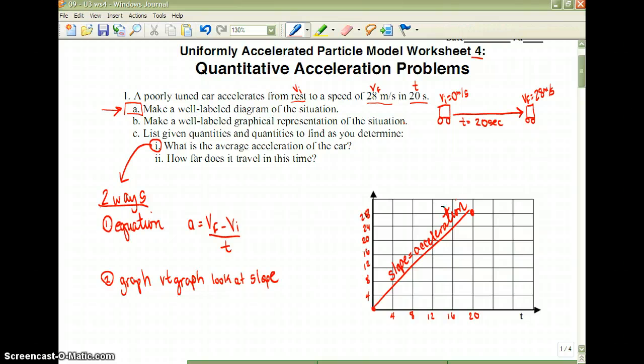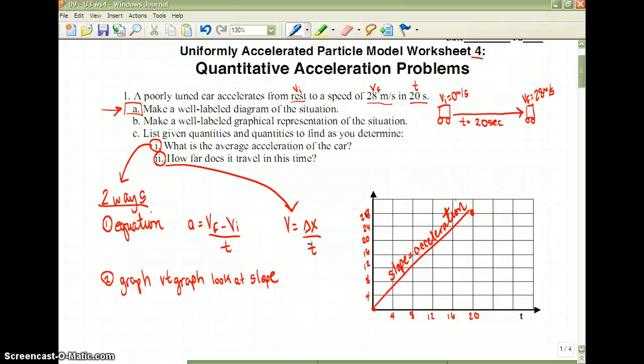The last part wants to know how far the car travels in this time frame. Again, you have two ways to look at this. You can use an equation, like for the first one, the only difference being that the equation is different: velocity is equal to change in position over time. That could be the equation we use for this example.